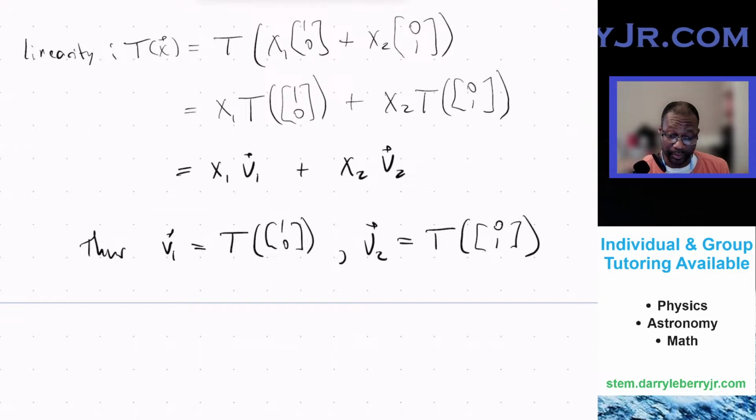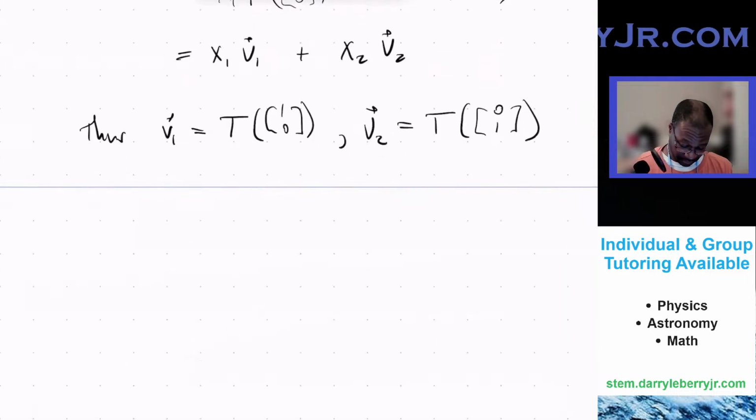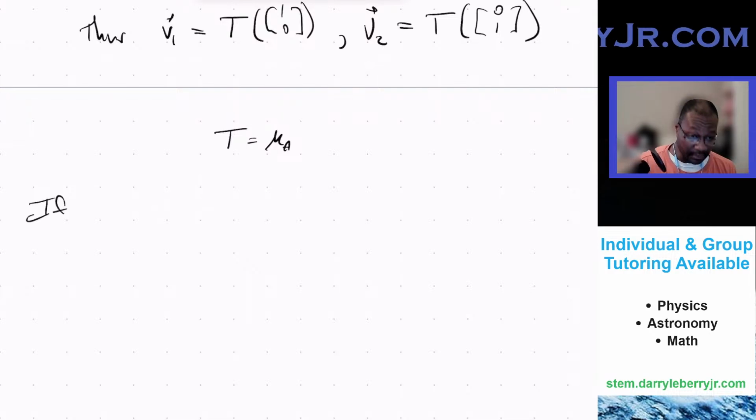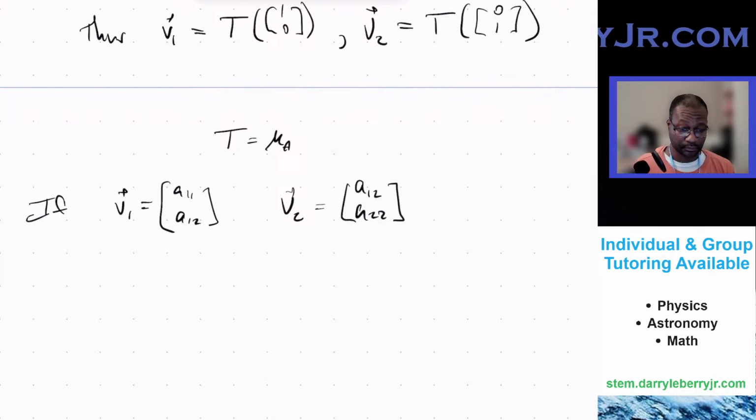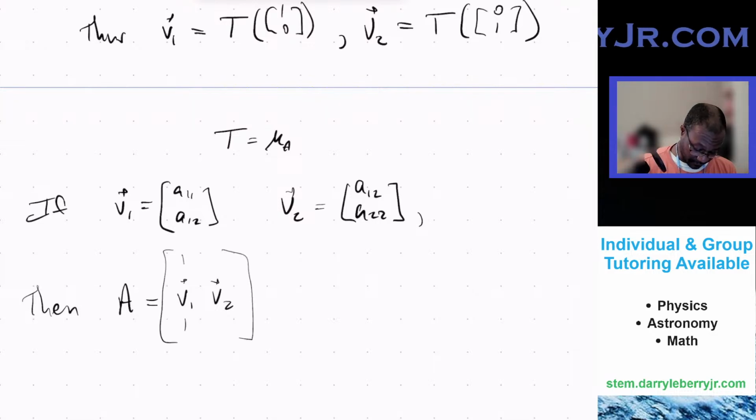Then it follows from what we've done that T equals mu A. Specifically, if v1 equals A11, A21 and v2 equals A12, A22, then A equals the matrix with columns v1, v2, and those are column vectors.